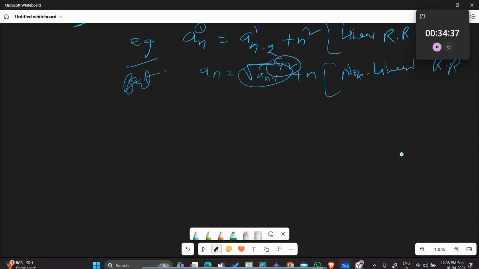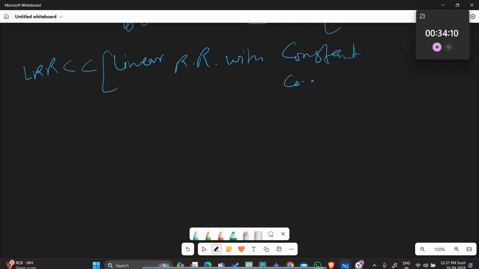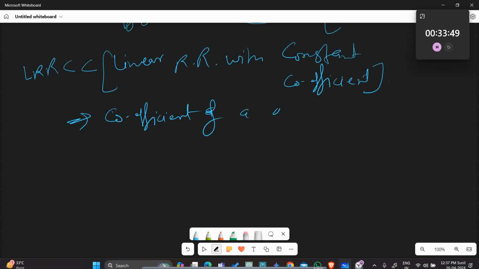Right. Next is linear recurrence relation with constant coefficient. Here the coefficient of a is constant.